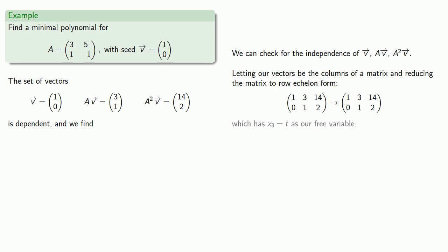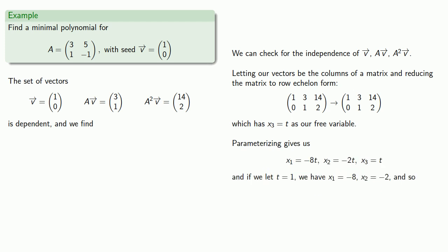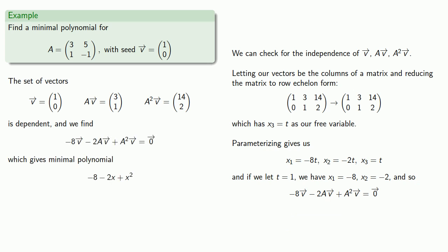But we do see that x3 = t is our free variable. And we can parameterize our solution. And we'll let t equal 1, which will give us x1 equals minus 8, x2 equals minus 2, and so minus 8v minus 2Av plus A squared v is the 0 vector. And we have a corresponding minimal polynomial.